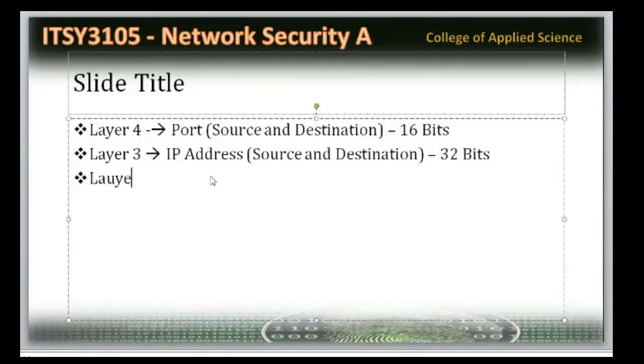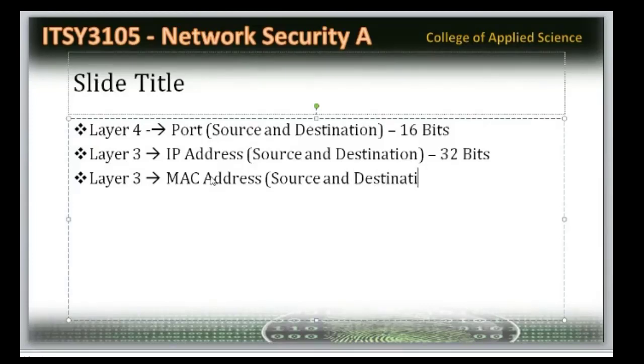Then in layer 2, we have the MAC address. We can say it is a physical address. There are different names for this: MAC address, physical address, hardware address. You must have the source MAC address and the destination MAC address.